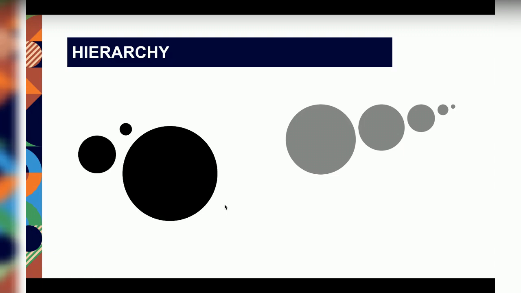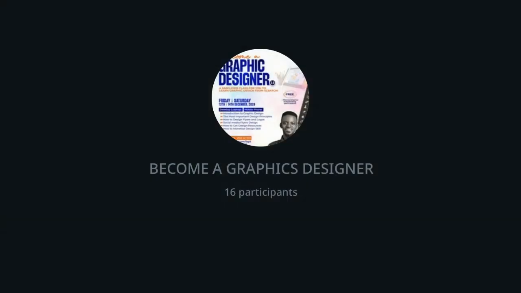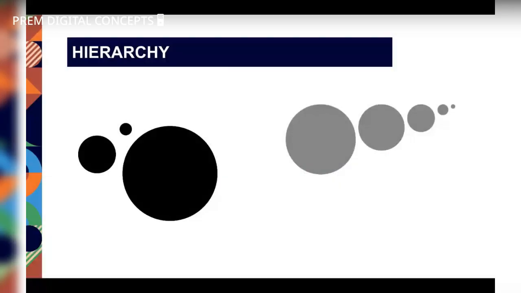Now, this is what hierarchy is telling you. That on a design, you should be able to have levels of how you want your audience to look at it, what you want them to see first, what you want them to see second, and like that.